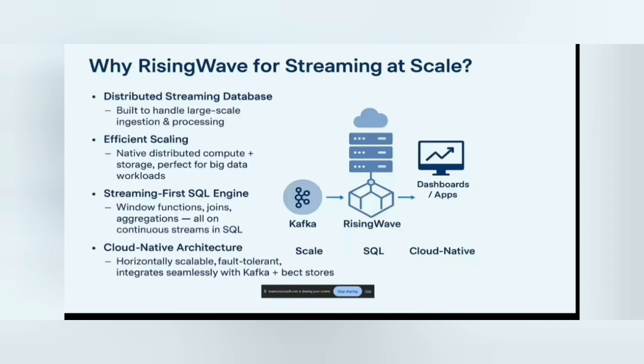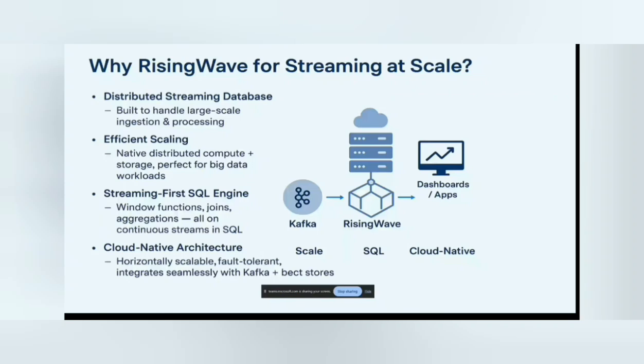Rising Wave is built as a distributed system, and scaling happens on compute and storage horizontally. So you could scale it horizontally as much as you want, and it's again fault tolerant, quite obviously, because it's fully managed. So you don't have to worry about managing the infrastructure yourself. And again, it's cloud native too. So in short, Materialize for dashboards and Rising Wave for fully managed big data streaming analytics at scale.